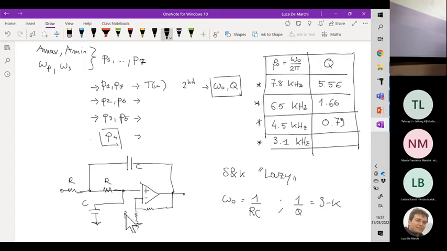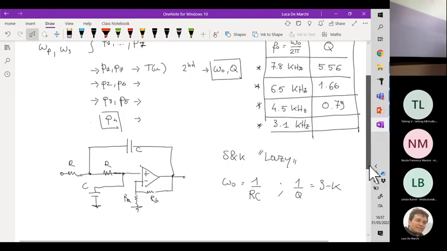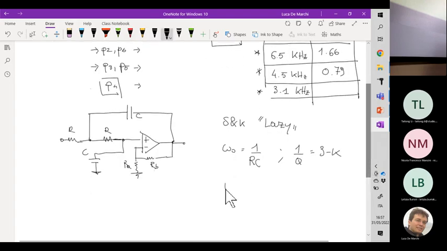So this will be resistor A and this is resistor B. And the gain of the Sallen-Key topology is given by the conventional expression for the non-inverting topology. That is 1 plus RB divided by RA.